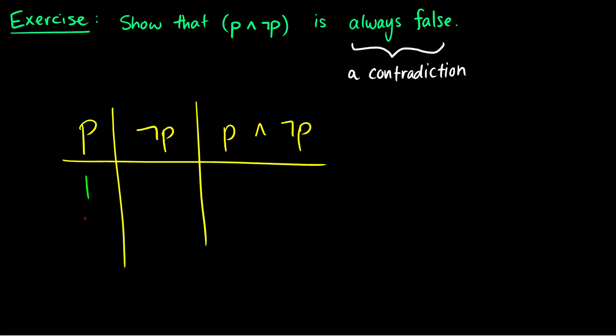If P is true, then not P is false. If P is false, then not P is true. P and not P is true only when P is true and not P is true. But they both can't be true at the same time. So they are both false. So here, all of the outputs are a 0. Therefore, this is a contradiction.